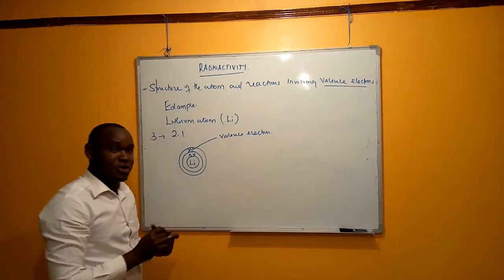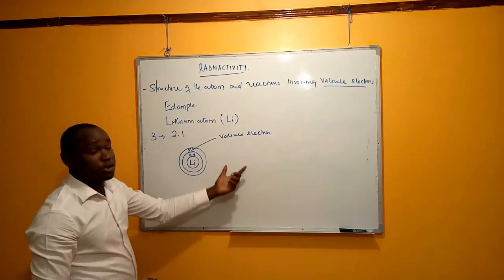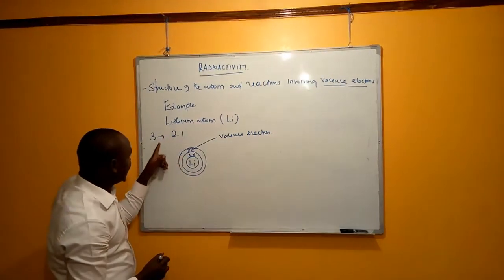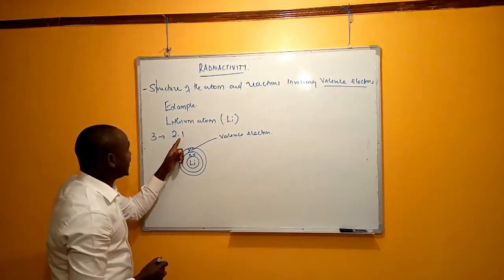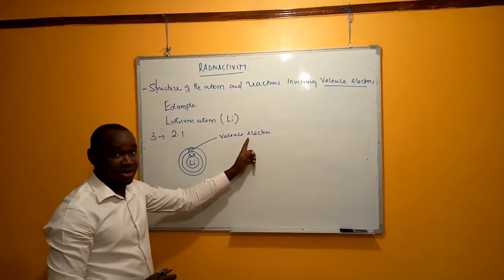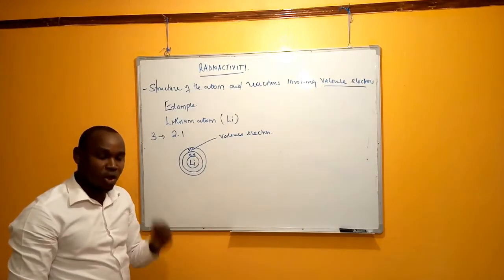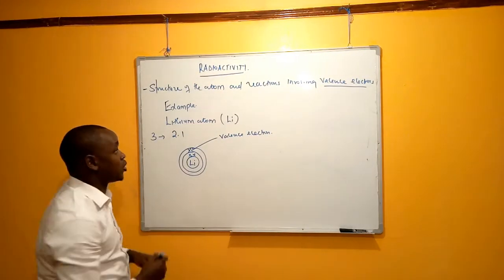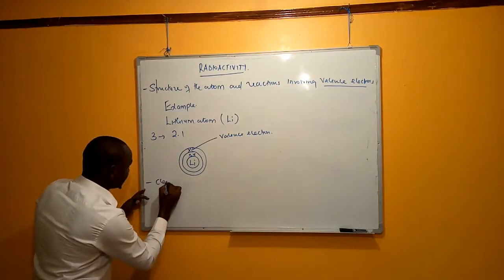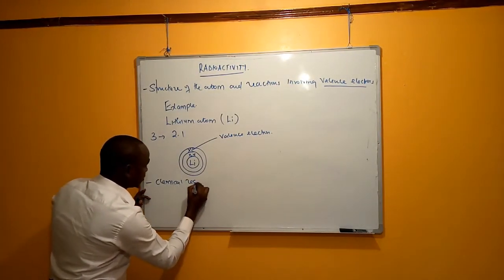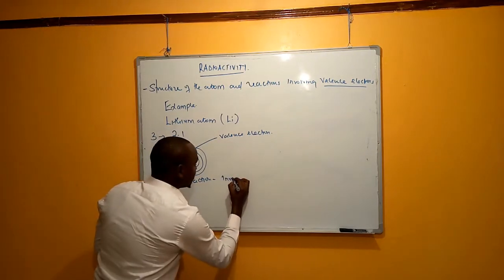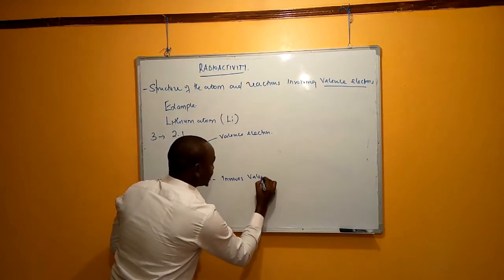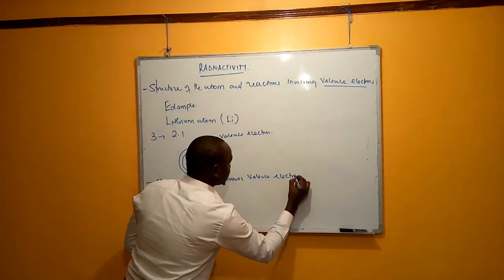Now, in Form 2, you studied that for a reaction to occur, this lithium must lose 1 electron. It is going to lose the 1 electron, which is a valence electron. That type of reaction is called a chemical reaction. Therefore, you say that a chemical reaction involves valence electrons.